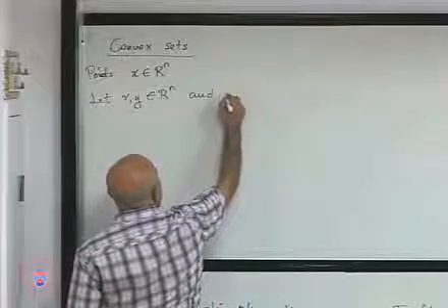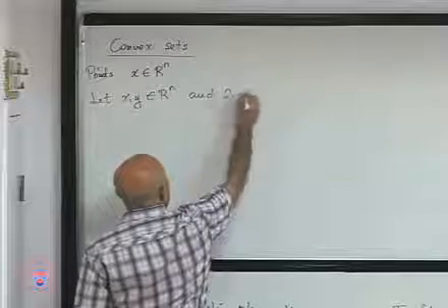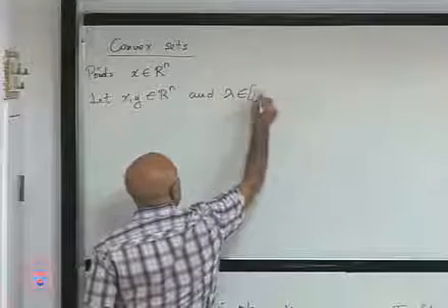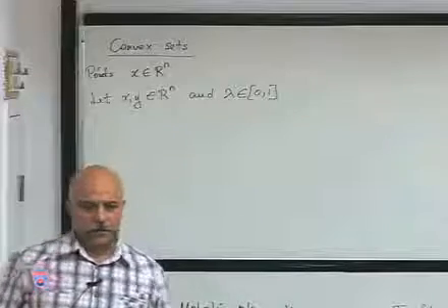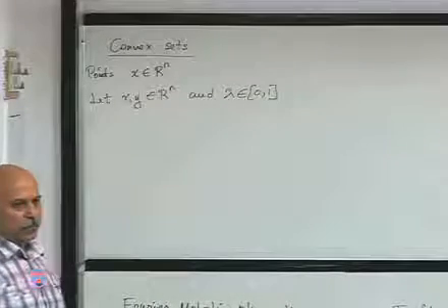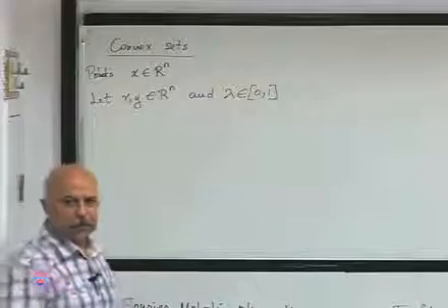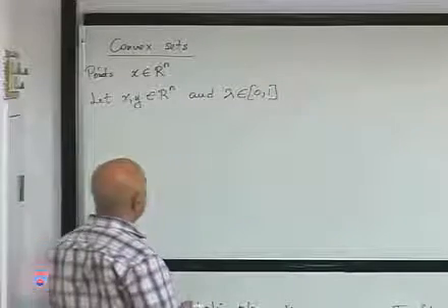And let lambda be a number in the unit interval 0, 1. You just pick 2 points and one number between 0 and 1, possibly including 0 or 1 as well.